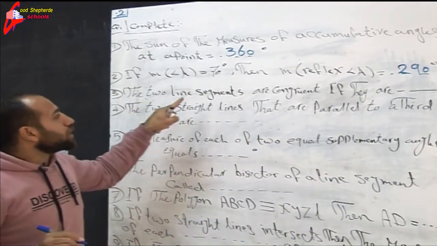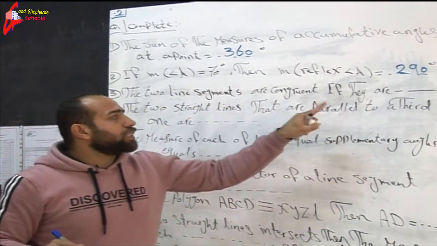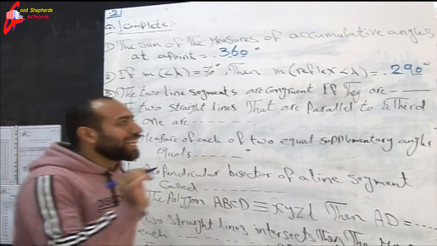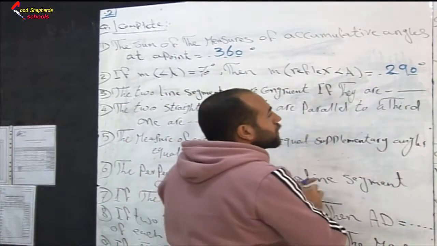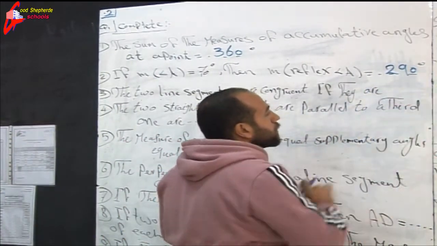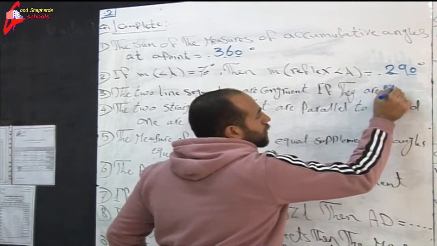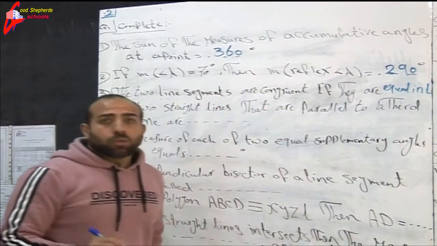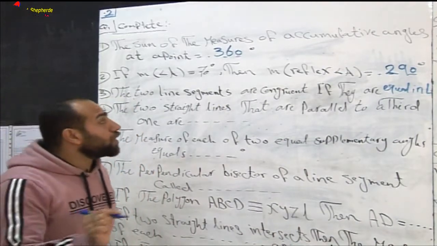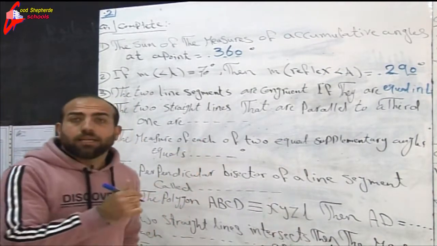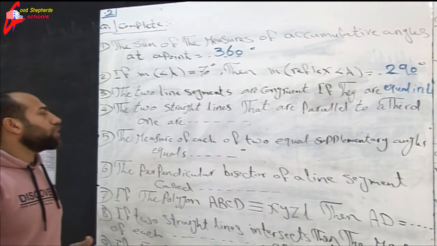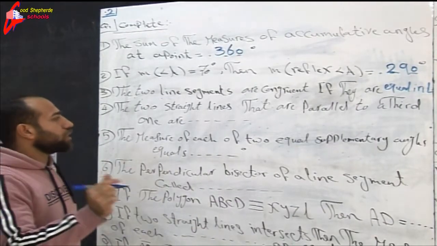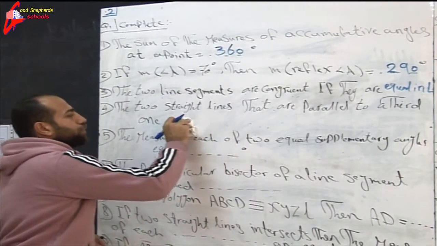The two line segments are congruent if they are equal in length, but the two angles are congruent if they are congruent or equal in measure.